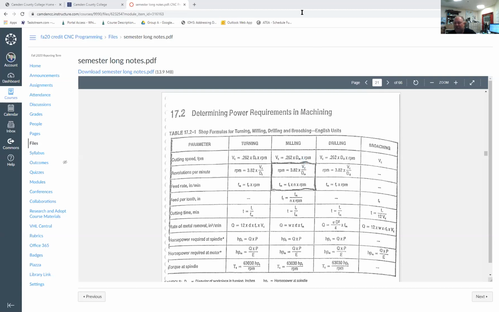Okay, so now I'm going to switch my screen and try to draw on this whiteboard that they have here. All right, so I talked about V sub C, the surface feet per minute. So if I was to draw a circle here, and it's that big, and then I'm to draw another circle, which is that big, okay?